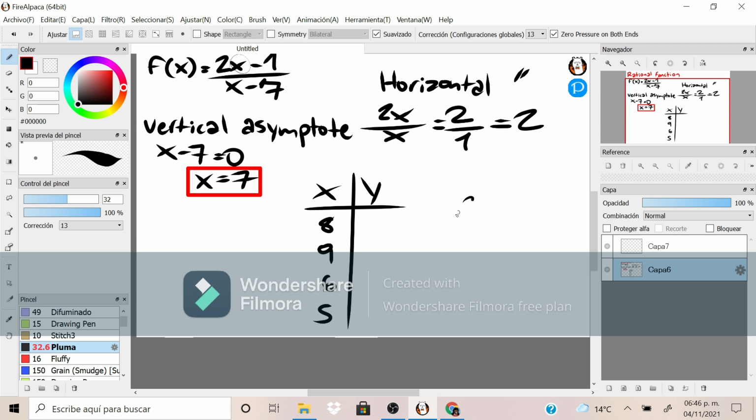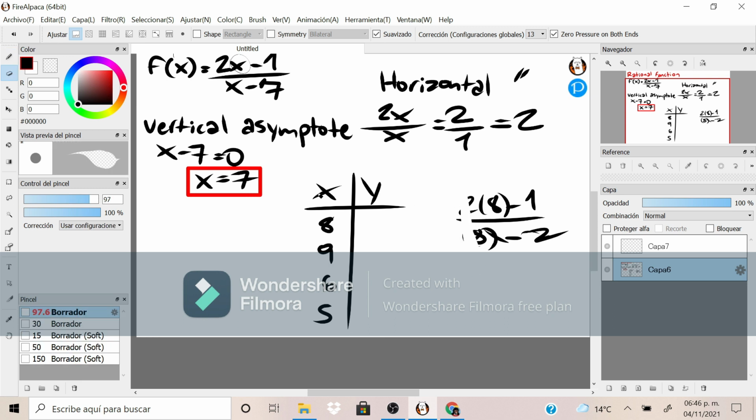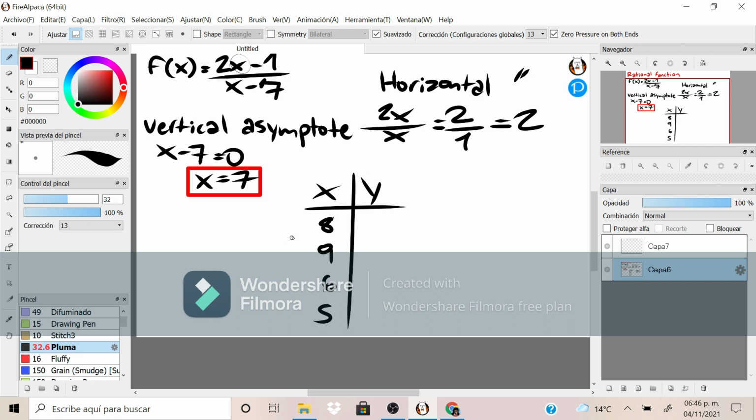For example, 2 times 8 minus 1 is 15, over 8 minus 7, and the result would be 15.